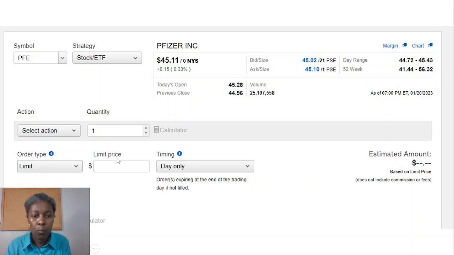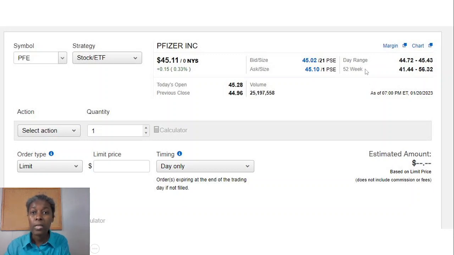So limit price, you will set the price, and to set the price it is good to pay attention to the bid price, the ask price, the day range price. So the low for the day range and the bid, you can pay attention to both and compare it to the price it sold last to set a price.